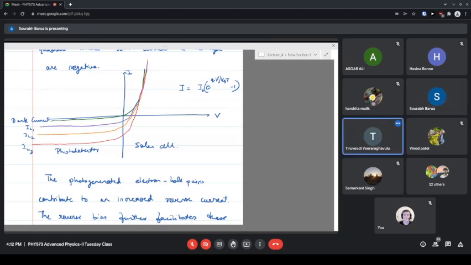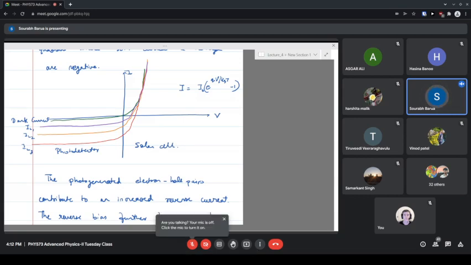Yes, sir. So I said this green curve is the normal diode, and that is the normal diode equation which you get from here. Now, if you shine light on this reverse biased PN junction, the light will fall on, say, the depletion region and generate electron hole pairs, the minority electrons and minority holes.